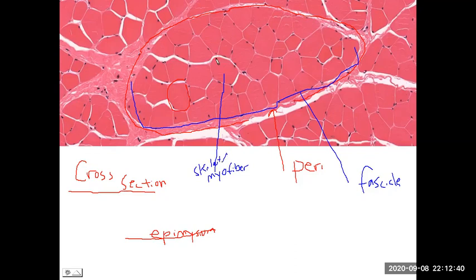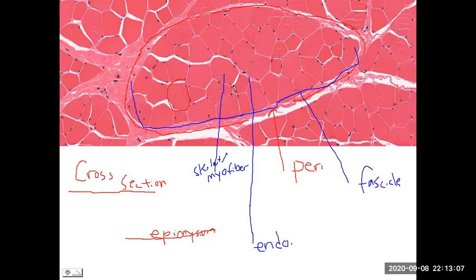And then you notice surrounding and between the cells, you can see these faint pink fibers, like right about in here, wrapping right around each skeletal muscle fiber, or myofiber, myo meaning muscle. That's where we see the endomysium layer of connective tissue. And we'll zoom in for, of course, that detail.